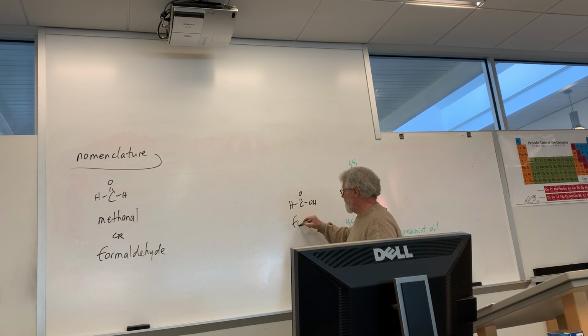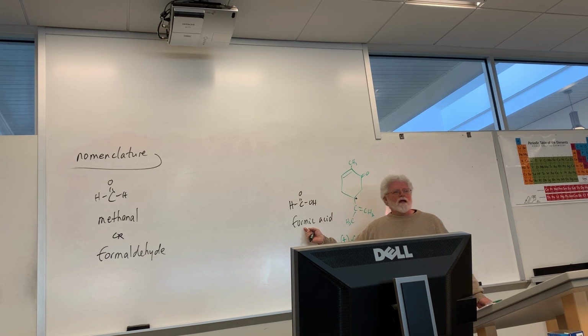Hence, this was called formic acid. Formica, I'm not sure what language it comes from. I want to say Latin, but I'm not 100% sure of that. But it literally means red ant. So formic acid literally means red ant acid. It's what those red ants inject into you to make you hate life for a couple minutes.